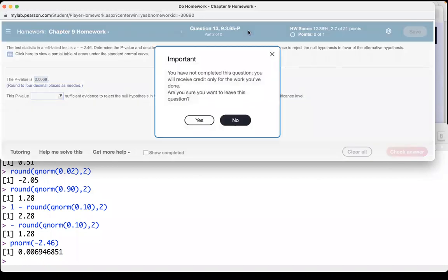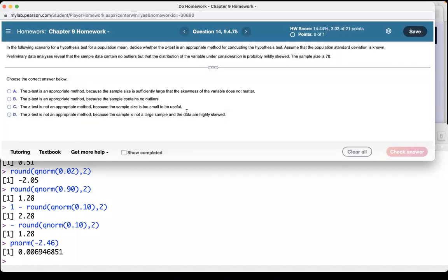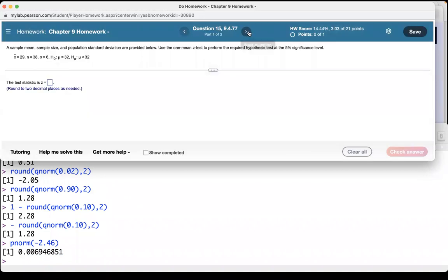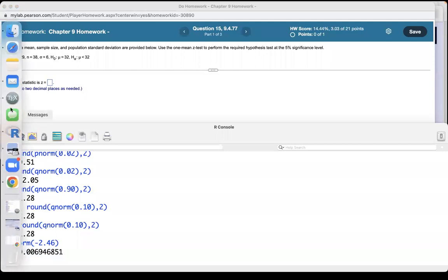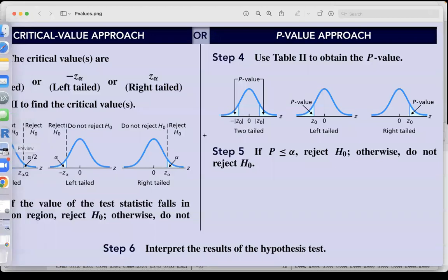Now, the only other thing that I can add here is that if I wanted to find the p-value, let's say that I have a test statistic of negative 2.46, but it's two-tailed. Let me go back to the picture just to show you what I'm going to do. I would need to find the area to the left of this test statistic and also to the right of the positive test statistic.